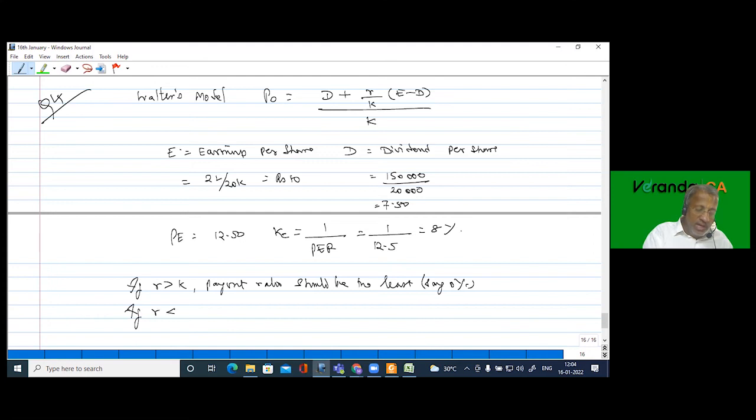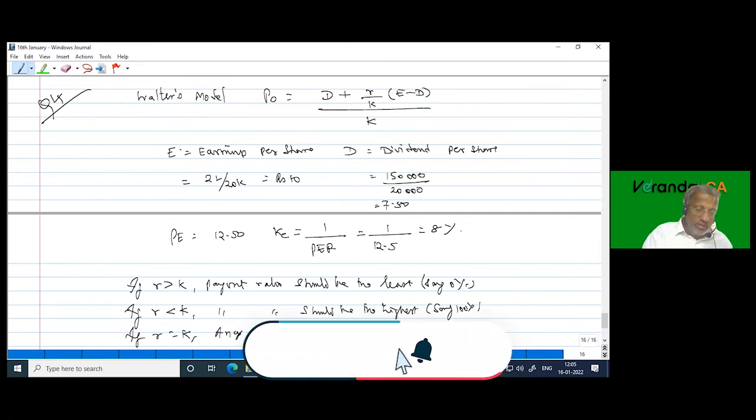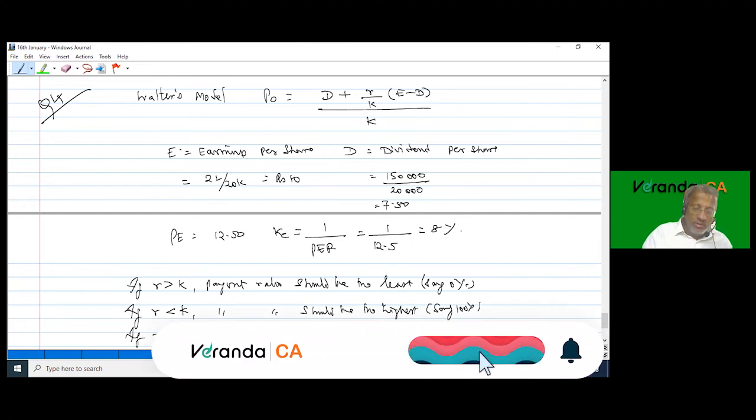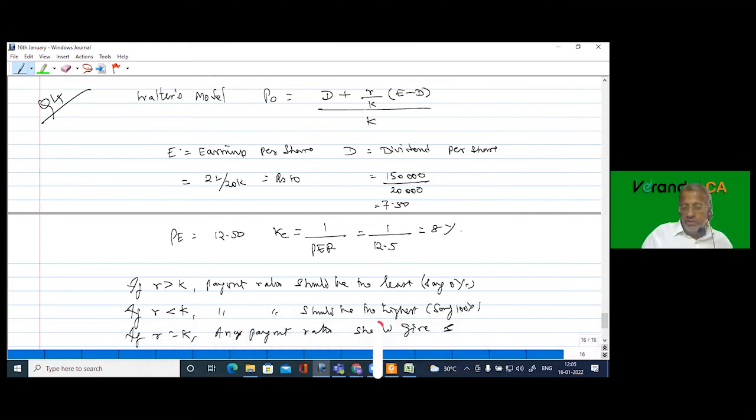If R is less than K, payout ratio should be the highest, say 100%. If R is equal to K, any payout ratio should give the same effect. Correct. I'll tell you how.